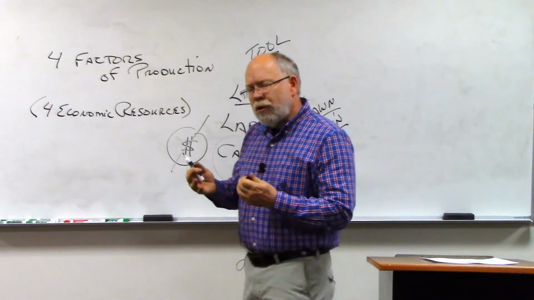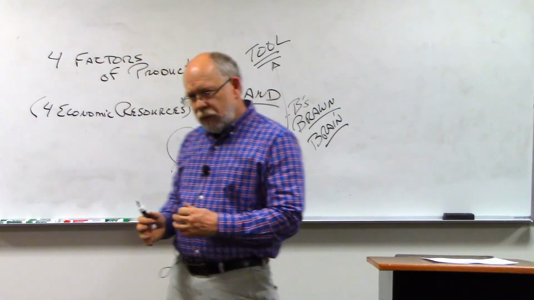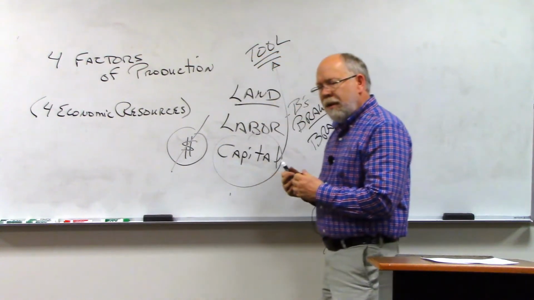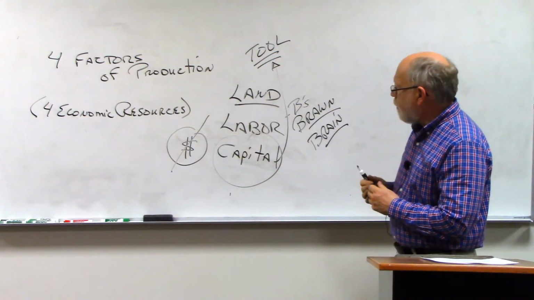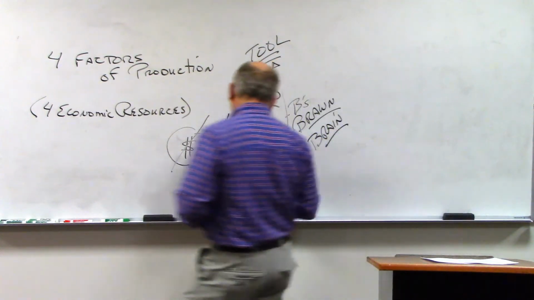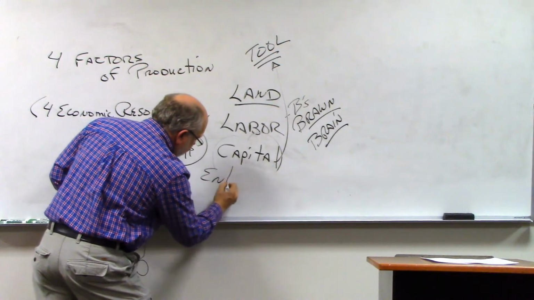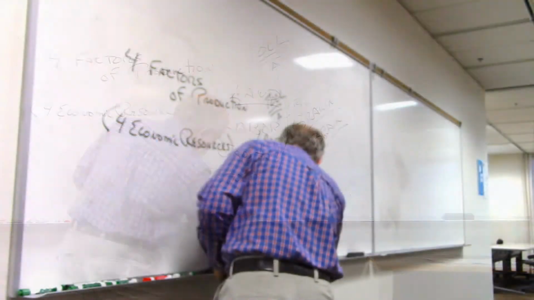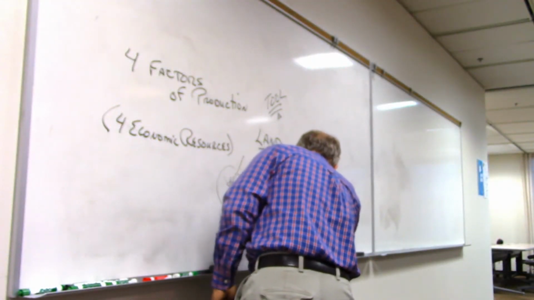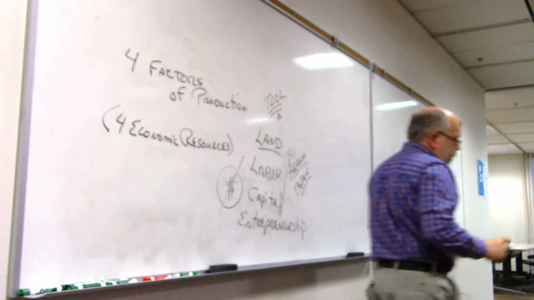So capital are tools. They could be mental tools, or they could be physical tools to amplify our ability to accomplish a particular task. Now, the fourth economic resource is entrepreneurship.